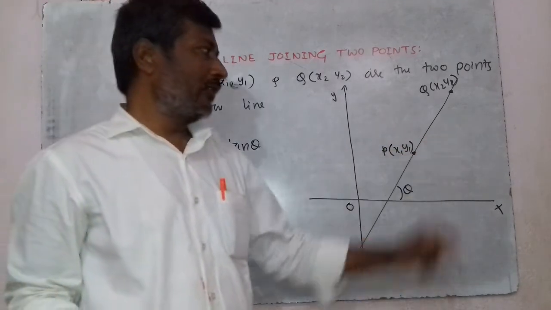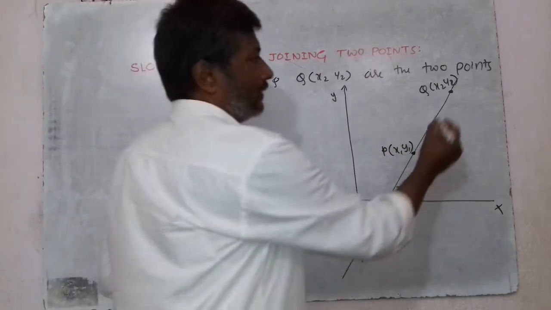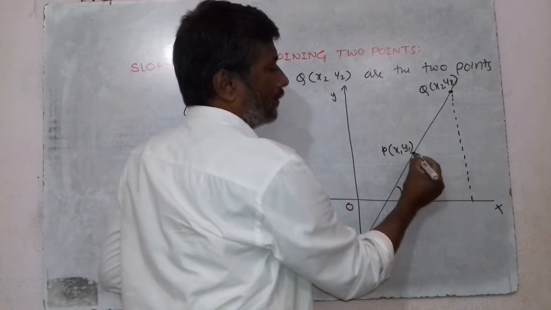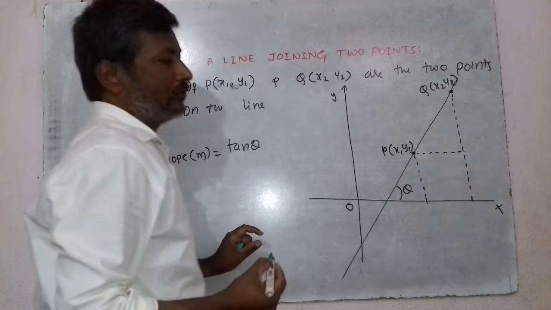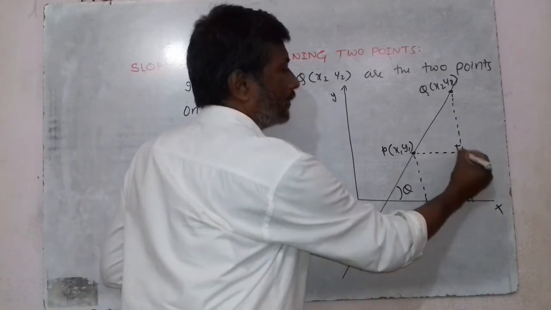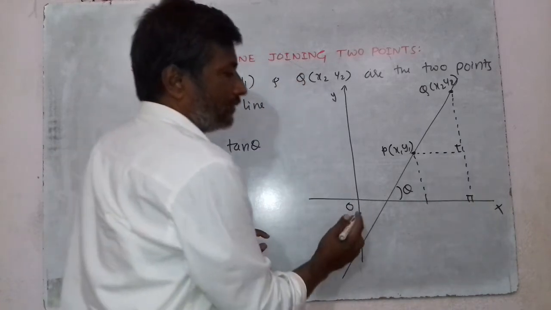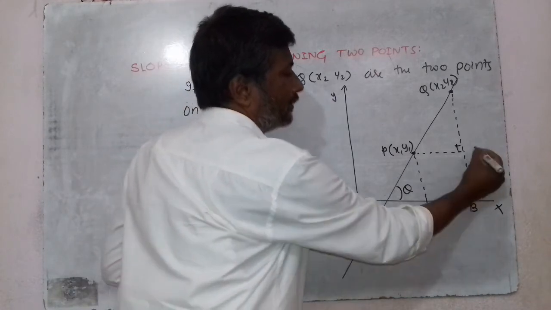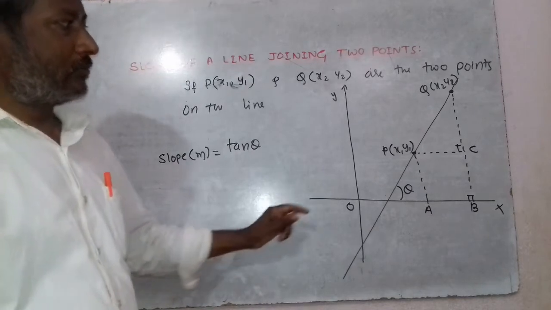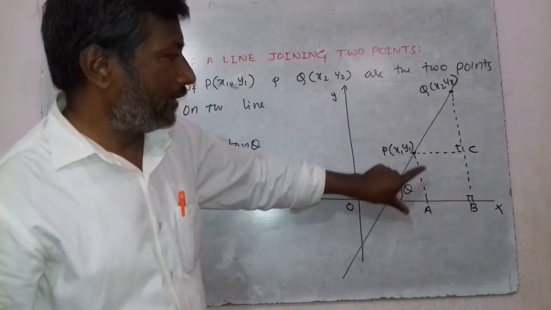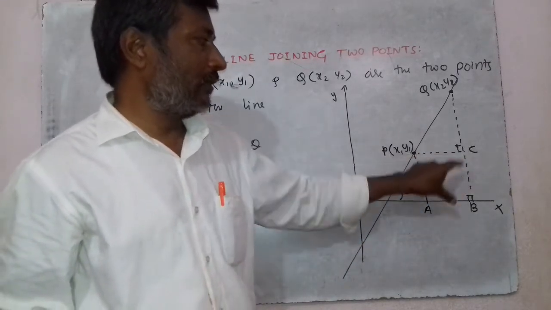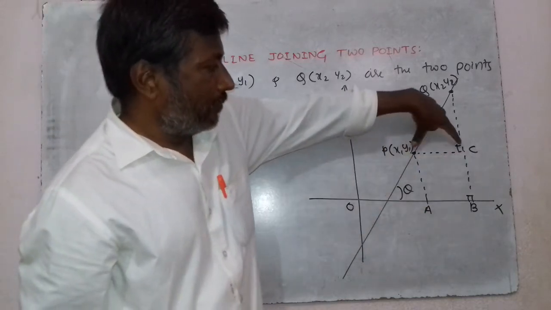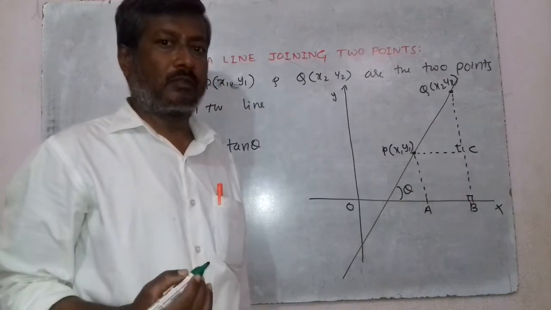Draw perpendicular lines here and join them. Let these points be A, B and C. Observe that PA and BC are equal, and PC and AB are equal.